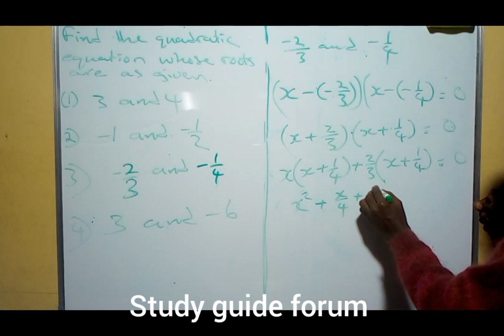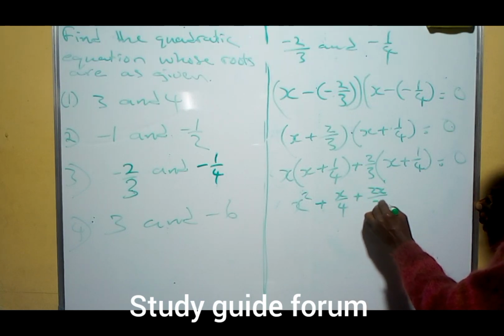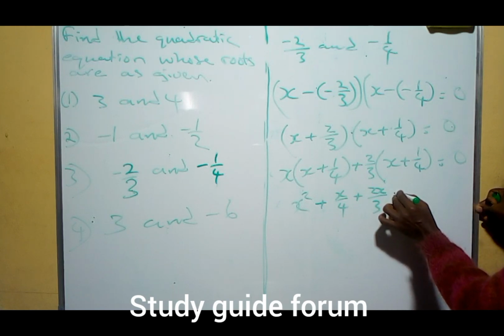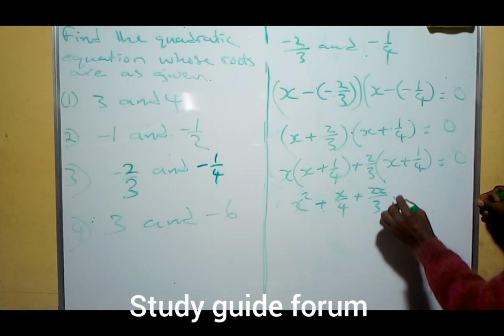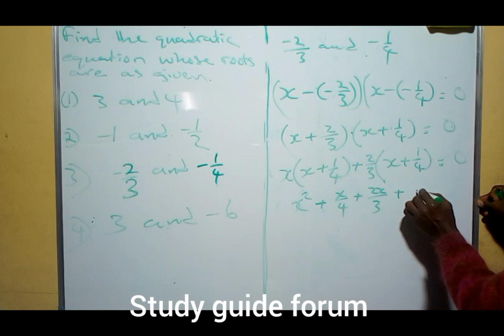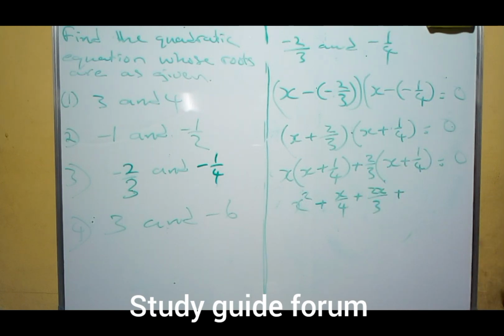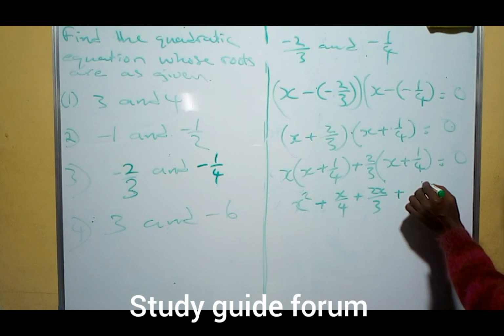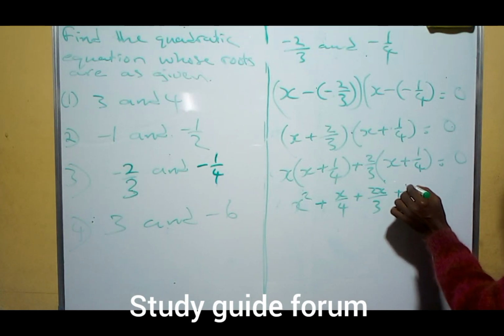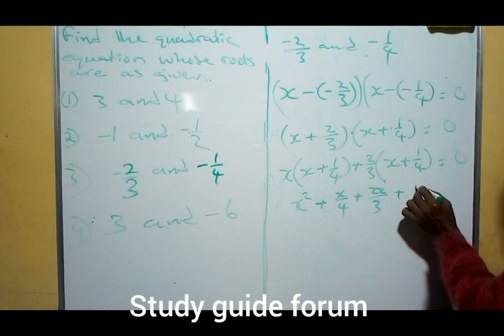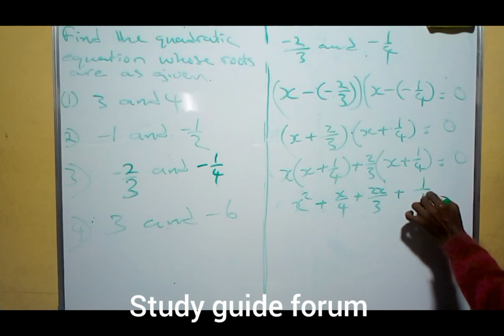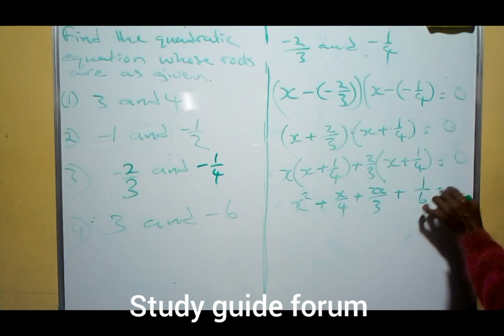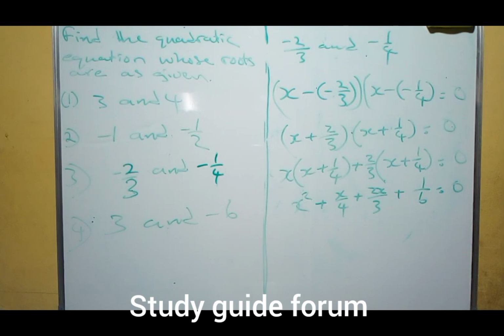This one should be 2x over 3. Then we have this multiplying that, this will cancel out, it should be 1 over 6 equal to 0. That's what it should be.